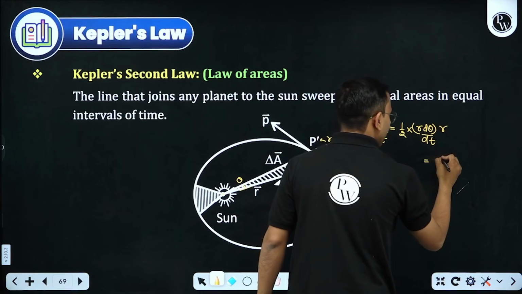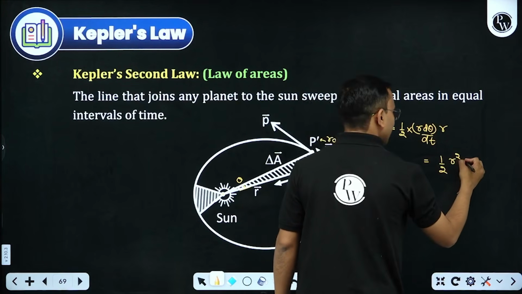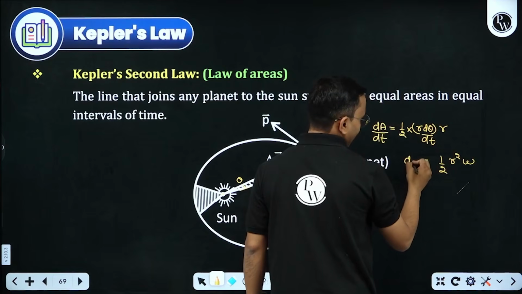So this is 1 by 2 into r square into d theta by dt, which is my omega. And this is my dA by dt.